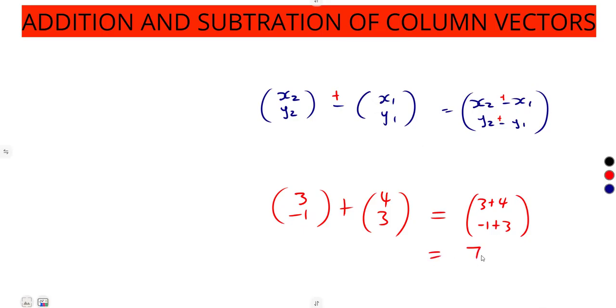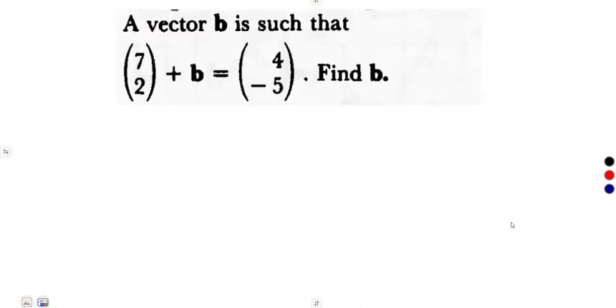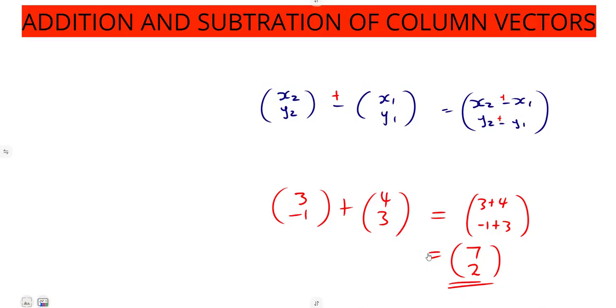So 3 plus 4, that's 7. Minus 1 plus 3, that's 2. The answer will be a column vector, (7, 2). This is the idea you're going to use to answer questions on addition and subtraction of vectors.